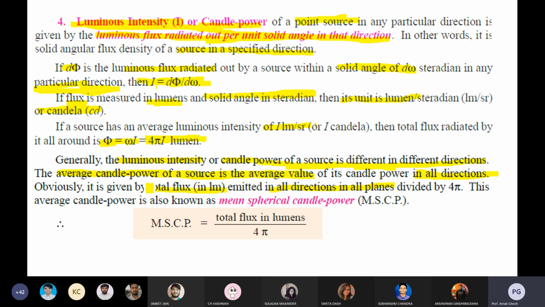So how many lumens of flux are coming over the sphere, divided by 4 pi. That is called mean spherical candle power. The throughout area is 4 pi of a sphere. So this is known as MSCP, and MSCP is important for the exam.